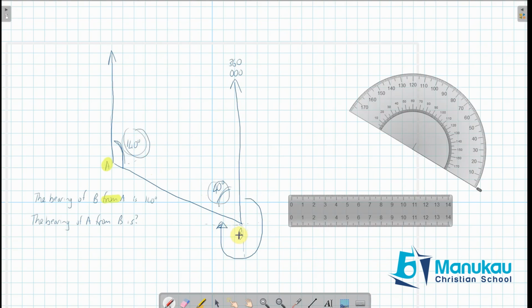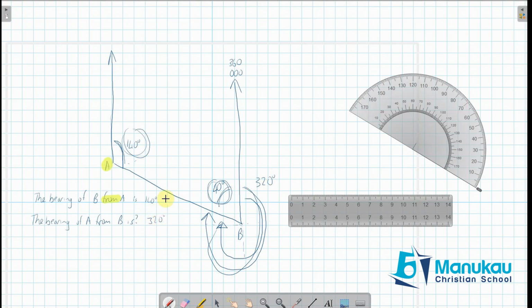Okay? So we call it co-interior angles, add to 180. And then if you know that this is 40 here, you know that this whole angle here must be 360 take away 40, because angles around a point add to 360. So 360 take away 40 should be 320. So the bearing of A from B is 320.